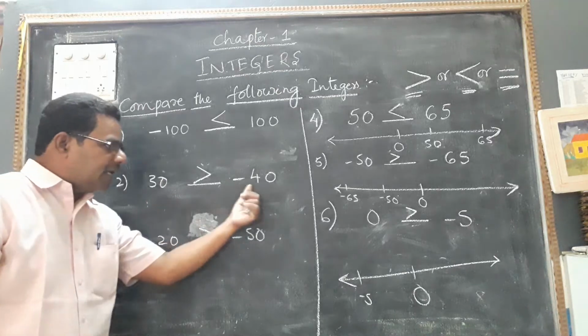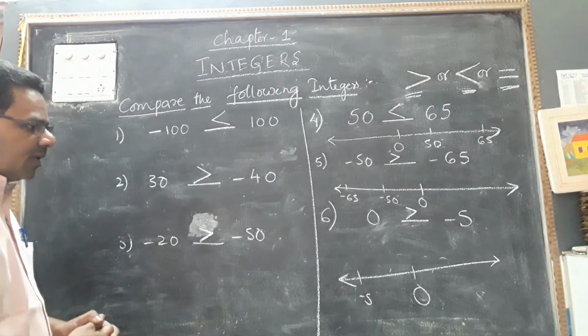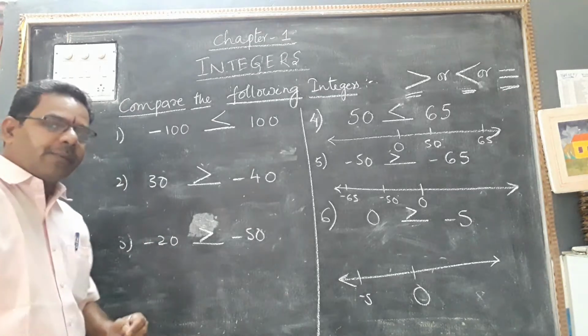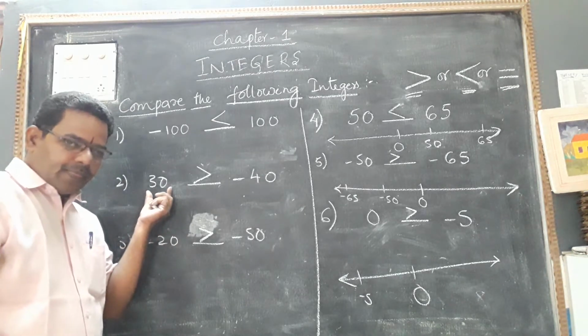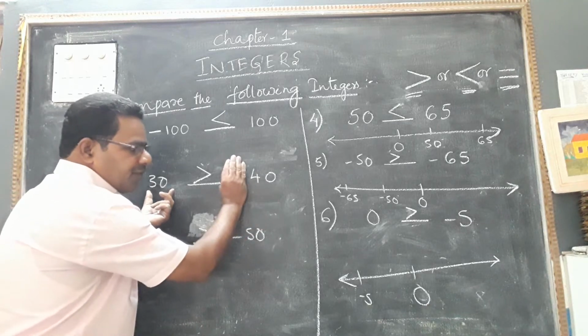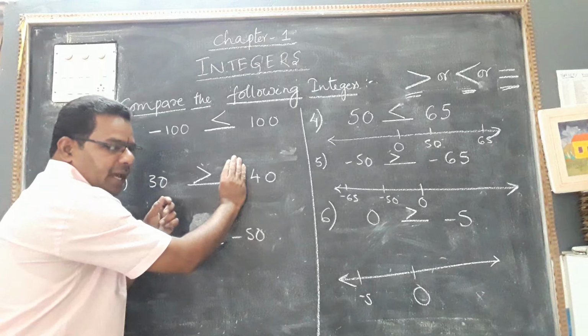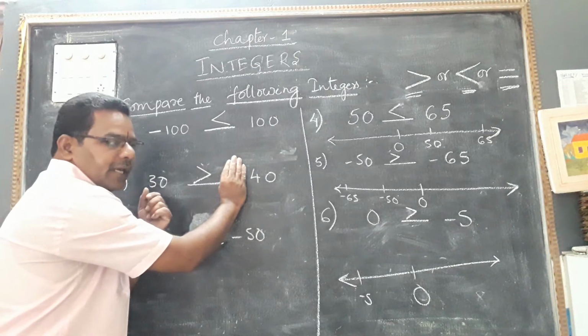So 30 and minus 40. Here we will use a small trick. What does the trick mean? This is 30, this is 40. Just forget about the symbol. 30 and 40, you can compare. Which one is bigger? 40 is bigger.